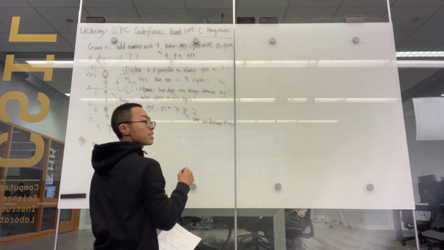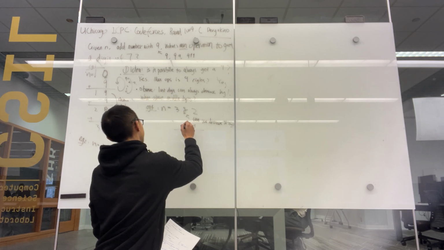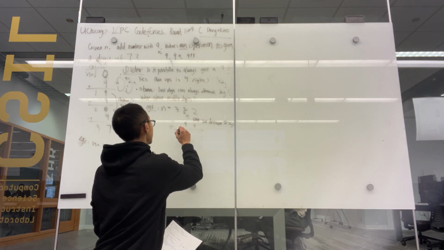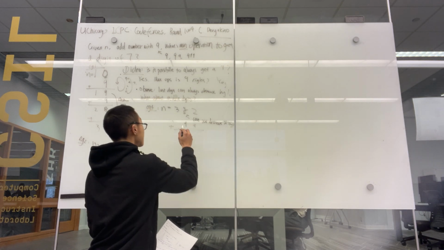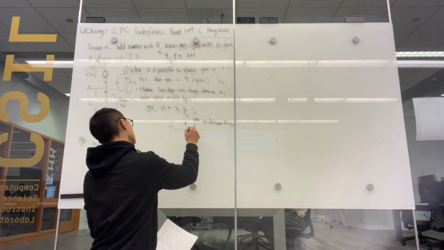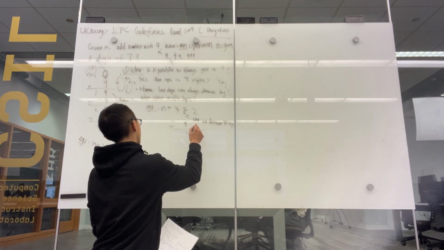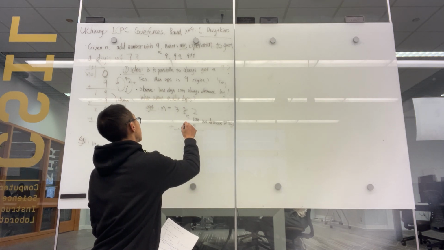But let's try adding a 9 here, or adding a 99, because 9 plus 8 should give us a 7. However, we can't just add a 9 in the middle. We always need to append 9s for the positions lower than it.